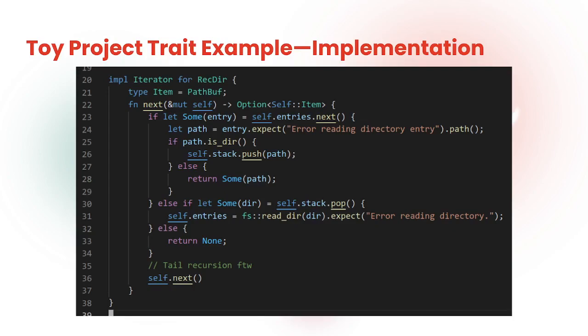Otherwise, we're going to return that path. If there's nothing left in our current directory, then we pop the stack and go on to the next directory. And if our stack is also depleted, then we return none to signal that there is nothing left in the search. And then tail recursion here.